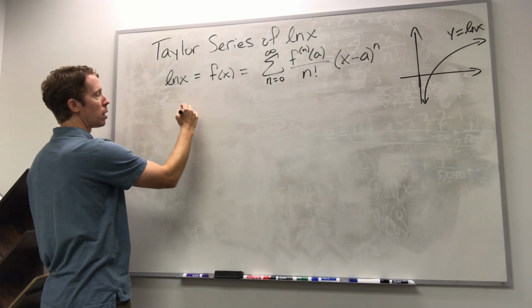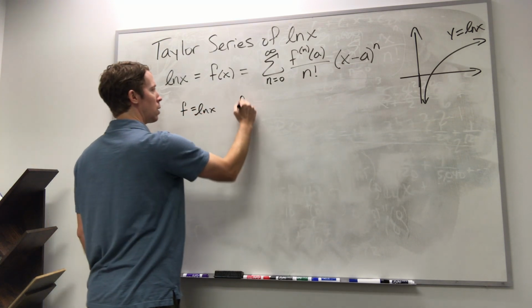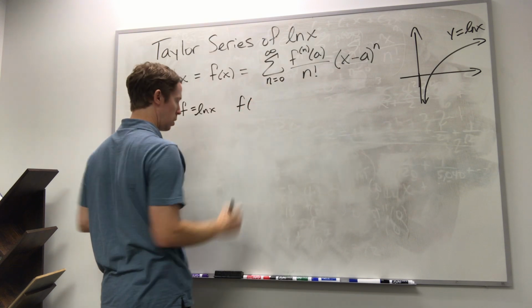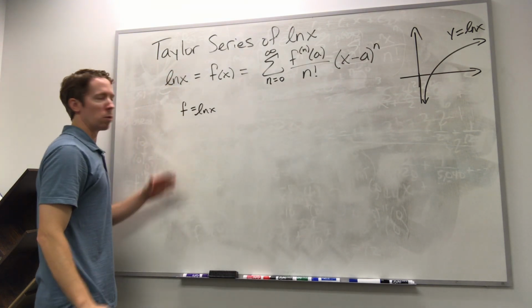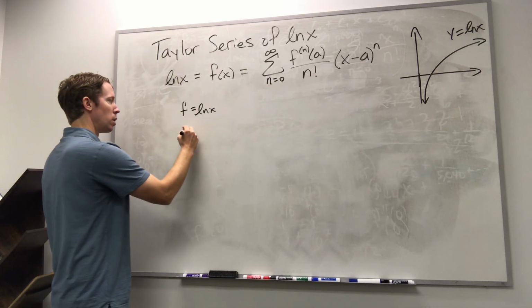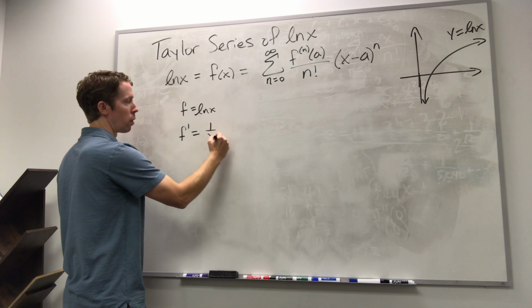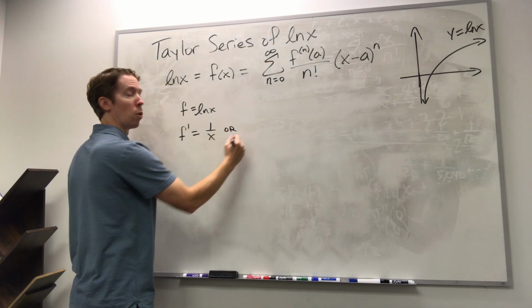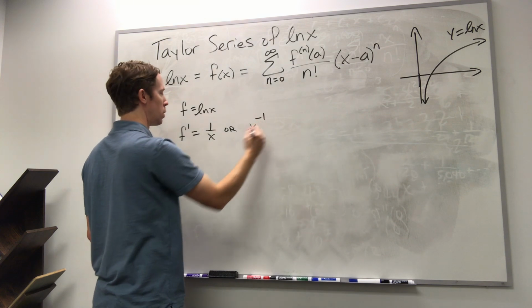If I evaluate that at, well, I don't want to evaluate that at any specific numbers yet. We'll talk about that in a minute. Let's try to find a pattern for derivatives. So first derivative is 1 over x, or if we're taking more derivatives, I want to think of this as x to the negative 1.